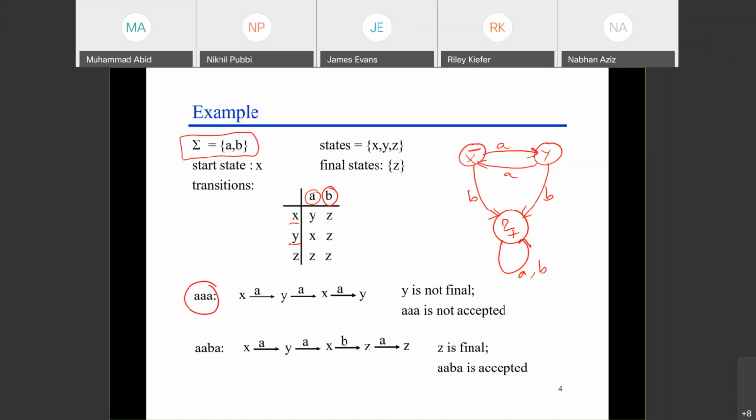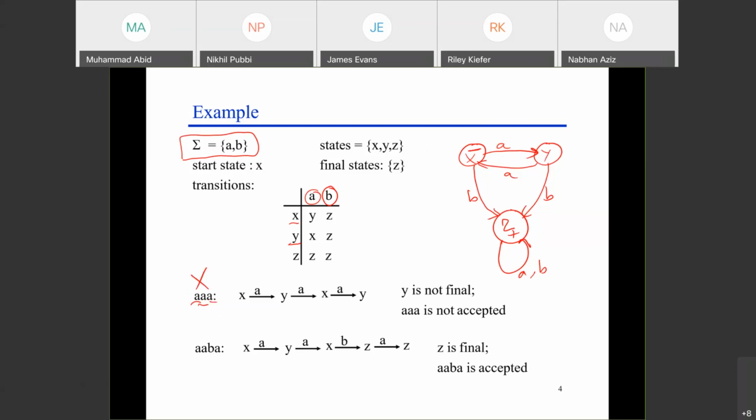So we start from X, we receive our first input a, and we go to Y. Then we receive our second input a, and we go back to X. Then we receive our third input a, and we go again to Y. At the third a, the word finishes, and you are at state Y, which is a non-final state. It means this word does not belong to this language. It should be rejected.